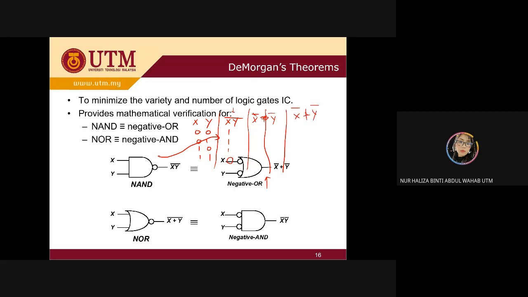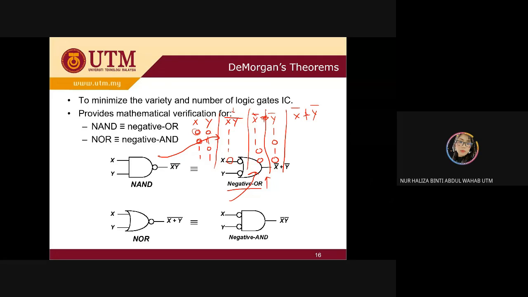Okay, we have the input of 0, 0. Y bar will be 1. We have Y is 0. Y bar will be 1. And 0, 1, we will have 1, 0, 0, 1, 0, 0. So this is our truth table for this negative OR.